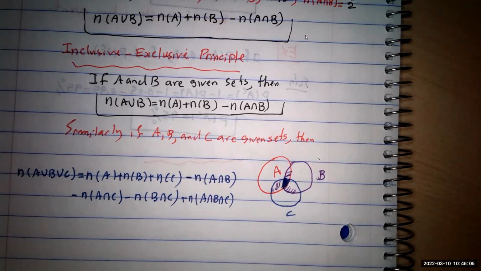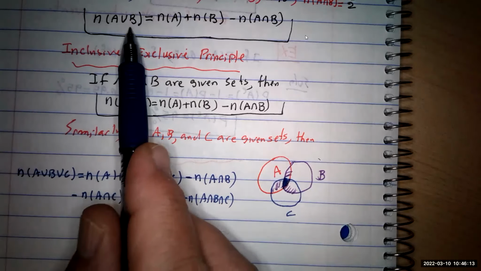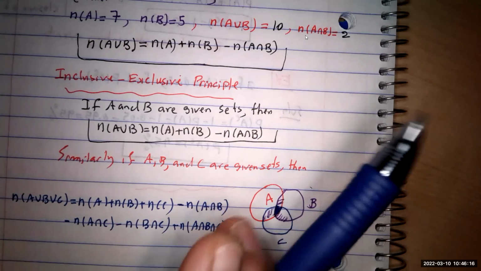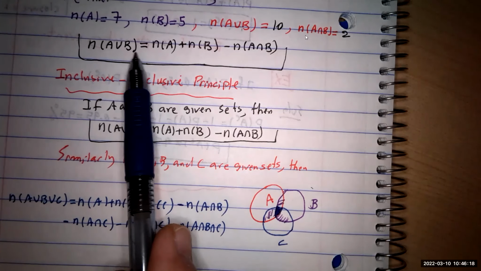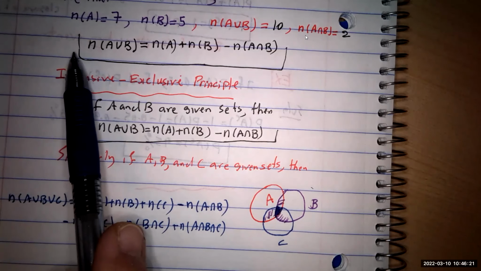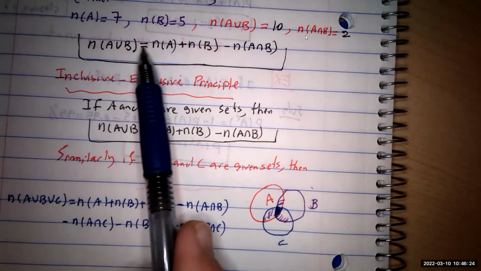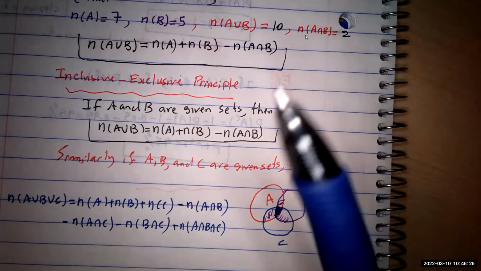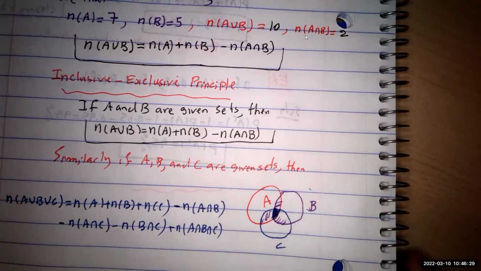Okay, so what is the connection with the formula that we are interested in? Remember, we are interested in the probability of A or B. You know that the probability of A or B is the number of elements in A or B divided by the sample space. So divide all these by n of S and take the probability. That gives you the additive rules that we're going to have. So it's just for information. So the conclusion is, I just changed it to probability, note that.